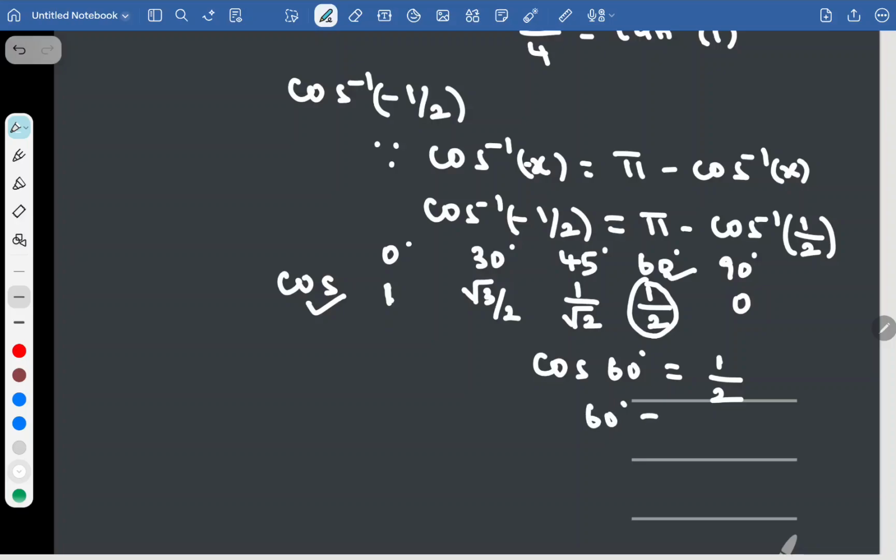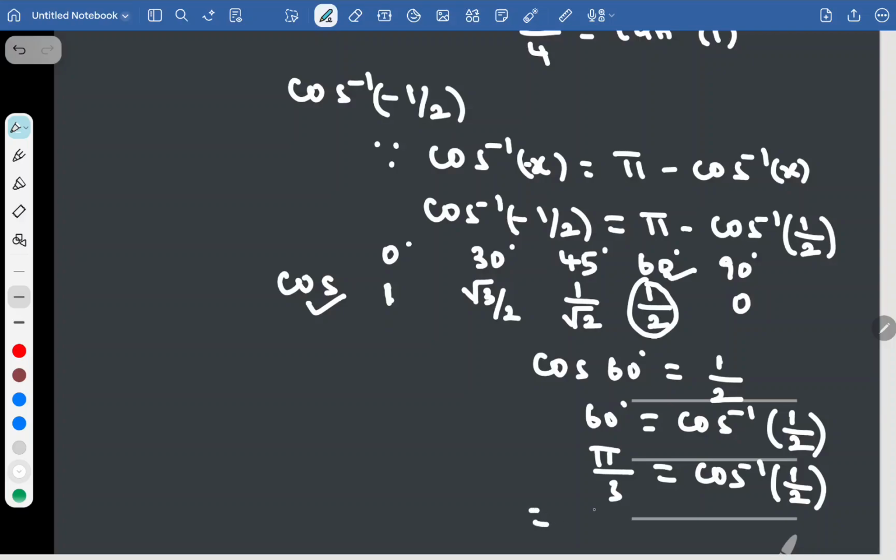What is 60 degree? Cos inverse of 1 by 2. 60 degree means pi by 3, which is equal to cos inverse of 1 by 2.